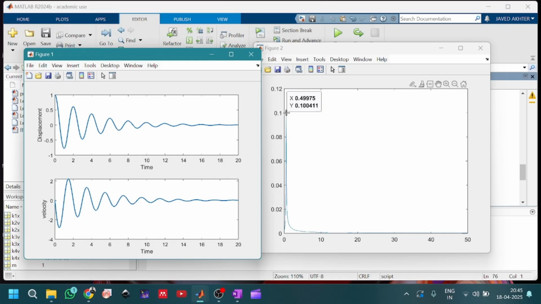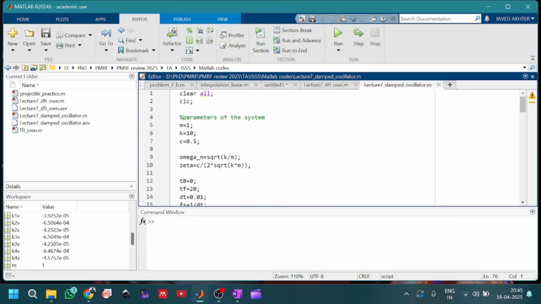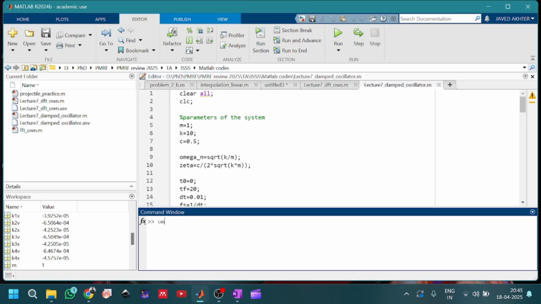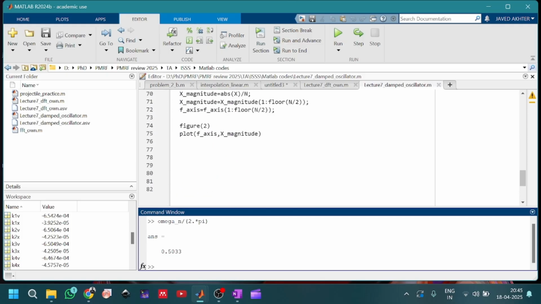So frequency we are getting around 0.5, and we have calculated this natural frequency as omega n divided by 2 multiplied with pi. So it is 0.5033. So almost, the frequency is coming out right.